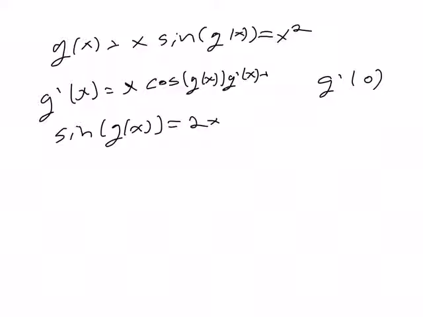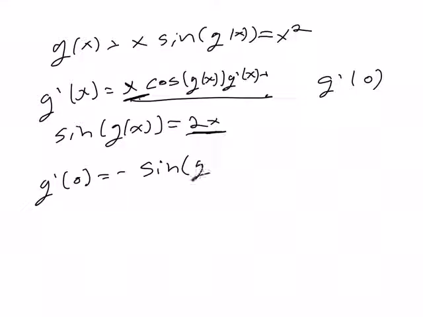So plugging in 0, we get g prime 0 is equal to, and here we're going to have a 0 because this x is 0, so this whole thing is 0. Here we're going to have a 0, so we're going to end up with negative sine of g of 0.